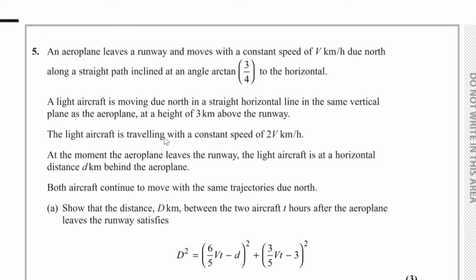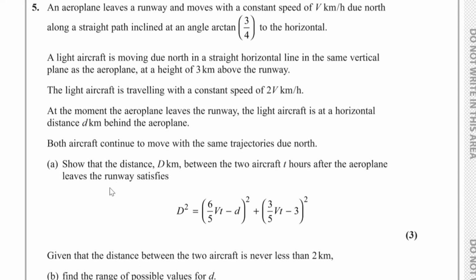The light aircraft is travelling with a constant speed of 2v km per hour. At the moment the aeroplane leaves the runway, the light aircraft is at a horizontal distance d kilometers behind the aeroplane.